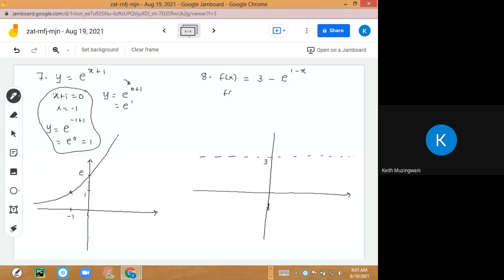What is f of 0? f of 0 is 3 minus e. That is where it will cross the y-axis. Now you understand that e is 2 point something, so 3 minus 2 point something is a positive number. So the graph will be of this nature, crossing at 3 minus e. This value here, we'll know it later.